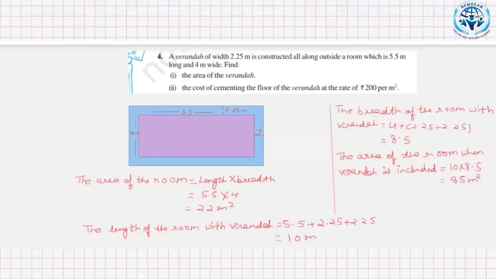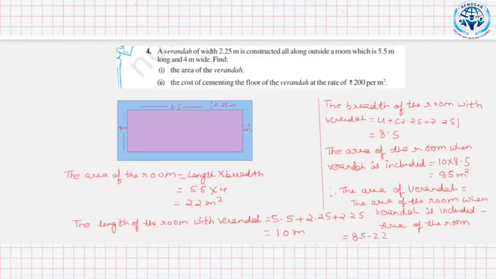Subtracting 22 from 85, we will get the area of the veranda. The final answer is 63 meters square.